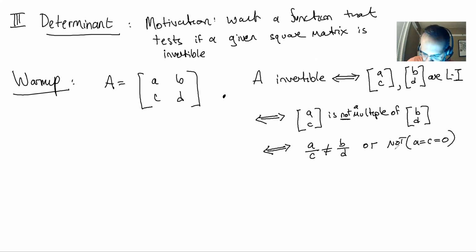Anyway, this is just a fancy way of saying that AD minus BC is not zero. Because if A equals C equals zero, then AD minus BC is zero. And if one of them is not zero, then A over C not equal to B over D is the same as AD minus BC not equal to zero.